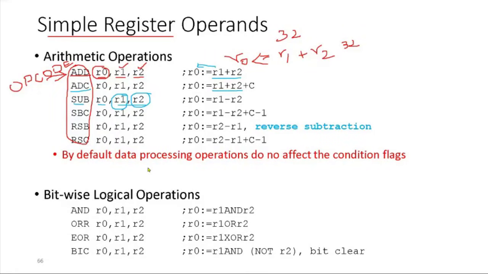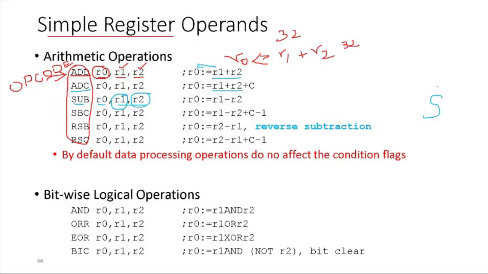But here in the ARM processor, that is not done automatically. By default, the data processing operations don't affect the condition flags. If we want to update the flag bits, the programmer needs to add one more letter in this instruction, that is S. We need to add S.